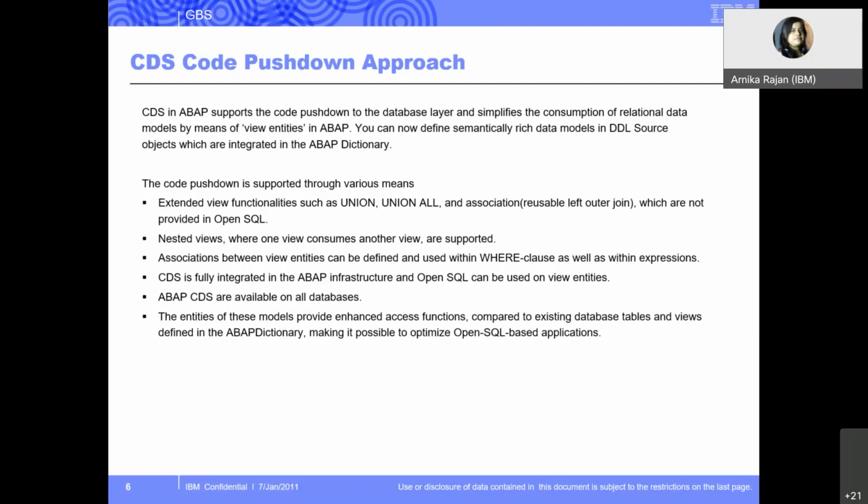There are different layers, and in all the layers we can reuse that left outer join. That is what is called association in CDS views. CDS is fully integrated in the ABAP infrastructure using Open SQL. If you go to the next slide, I can show you this one.